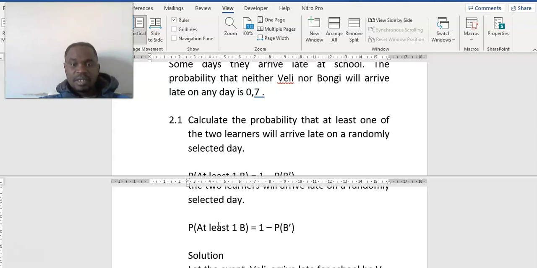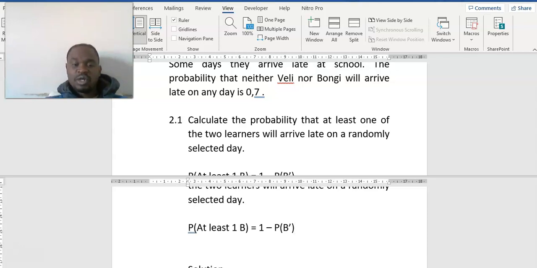It means probability that at least a boy will come to school late is going to be 1 minus probability that that boy will not come to school late. That is at least. Alright. The probability that a boy will not come to school late is going to be 1 minus probability that a boy will come to school late. That's one thing you need to know.